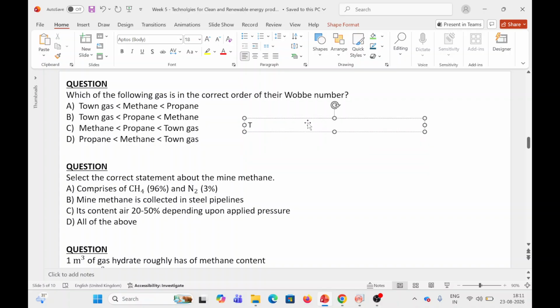So town gas, the value is 27 megajoule per meter cube. For methane, it is 55 megajoule per meter cube.